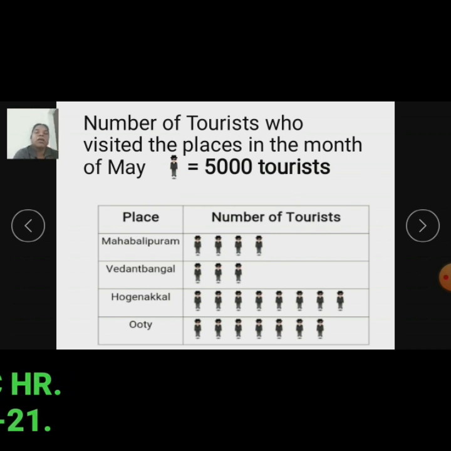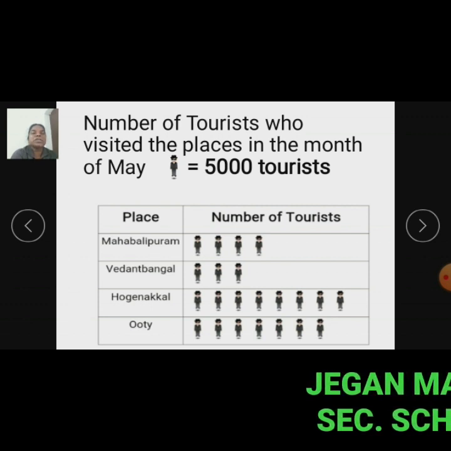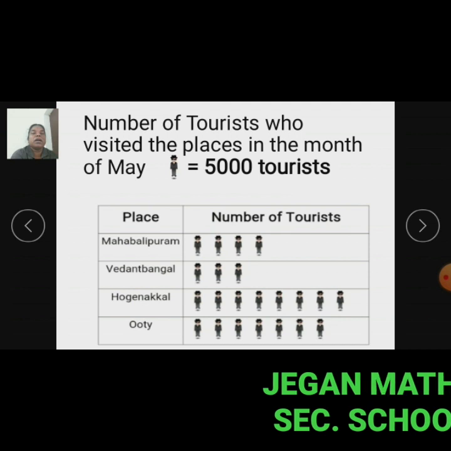Here, place and number of tourists are shown. Mahabalipuram, 4 images are shown, which equal 20,000 tourists. Vedantangal, 3 images are shown here.